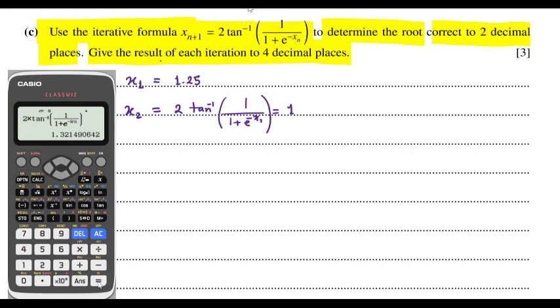Since they have asked us to write the iteration to 4 decimal places, I'll write 1.3214 and so on. And now x3 value we will directly get just by pressing the equal key, and the next iteration I'm getting is 1.3365 and so on. x4, again I will press the equal key.